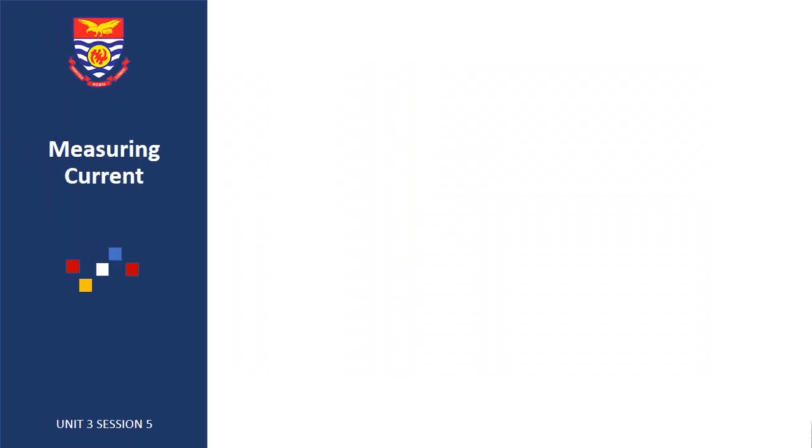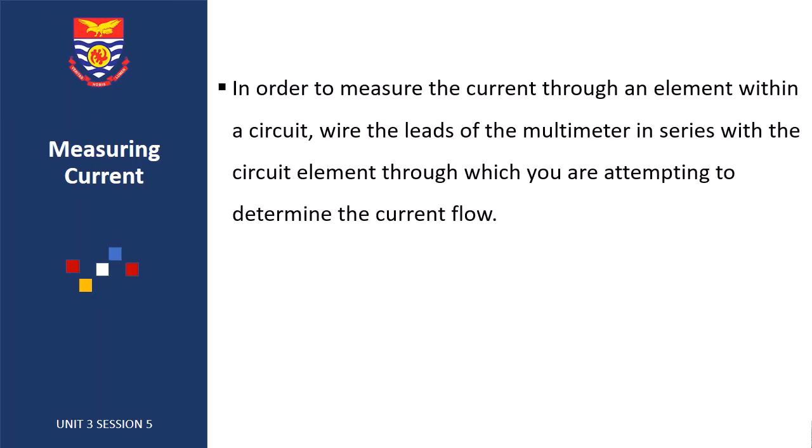Now, how do we measure current? In measuring current, we wire the leads of the multimeter or the ammeter in series with the circuit element through which you are attempting to determine the current flow.